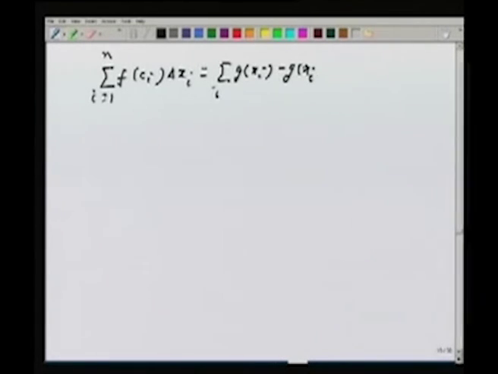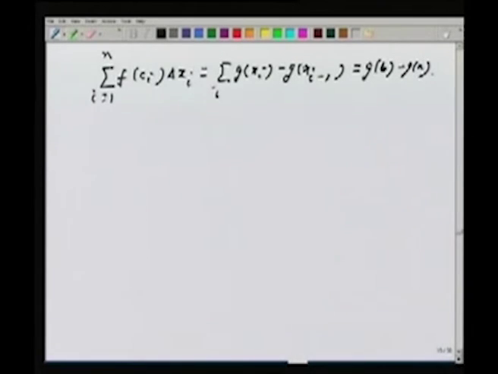Well, then it follows that the summation i equals 1 to n f(c_i) times delta x_i is equal to the summation over i of g(x_i) minus g(x_{i-1}), which will certainly turn out to be g(b) minus g(a).